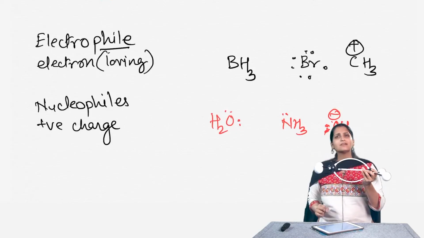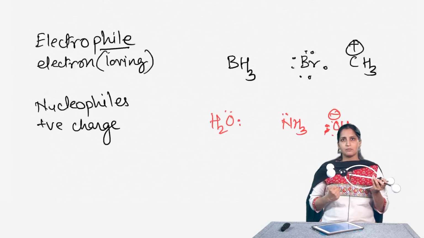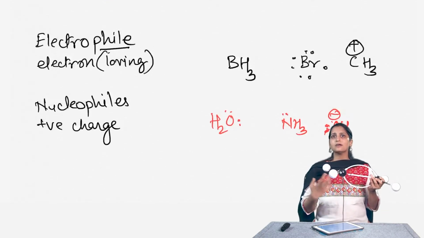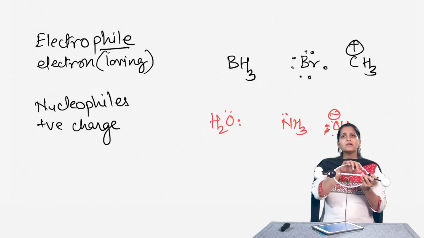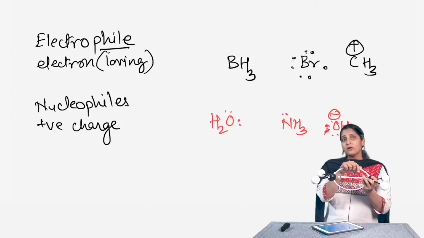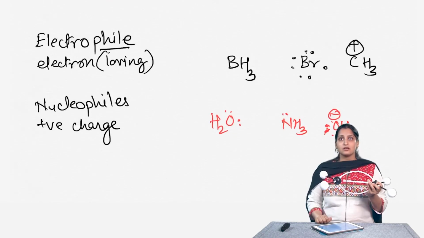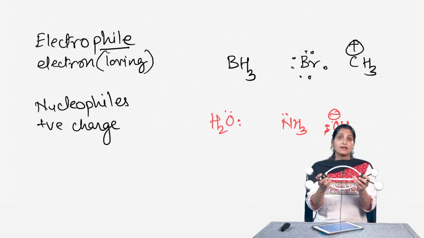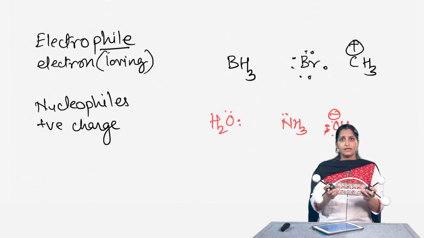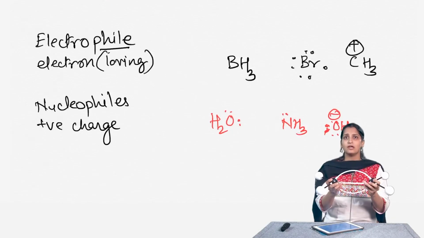The pi bonds are really loosely tied to the carbon atoms. Because the sigma bond is stronger and the pi bond is weaker, the pi bond is easier to break. Also, the pi bond is really rich in electrons. So, if I want to see the reactivity of an alkene molecule, I will call it a nucleophile. It is a really electron rich molecule.